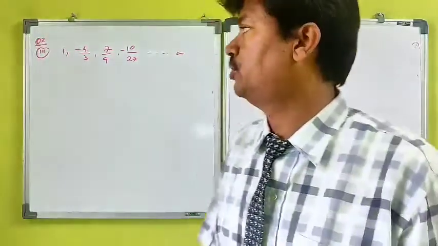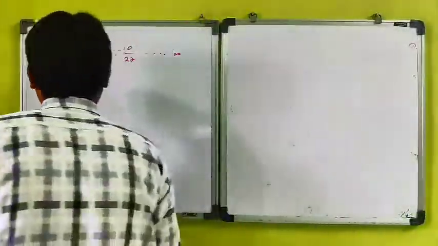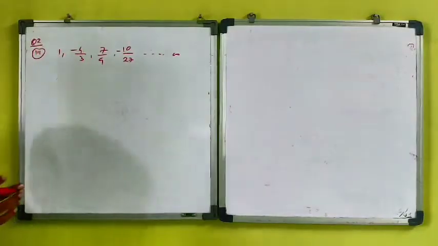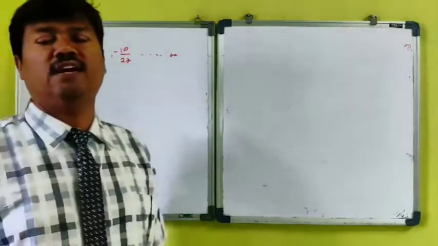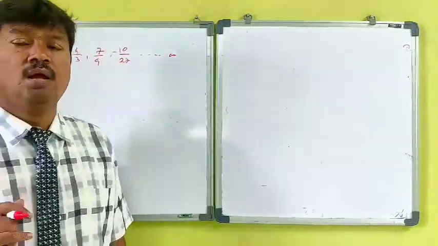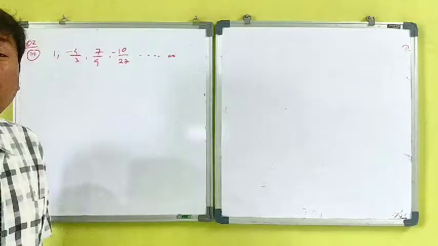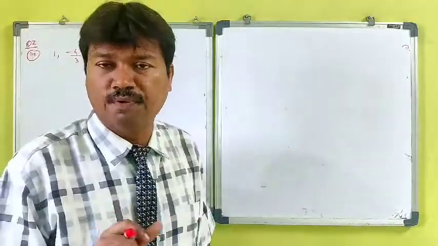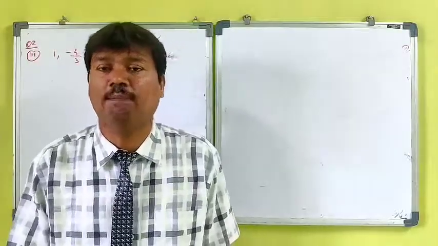Yes, one more question, that is question number 2. Here the question is 1 minus 4 by 3 plus 7 by 9 minus 10 upon 27. What is the sum of the infinite series here? If you observe this, there is an alternate plus and minus. So whenever there is an alternate plus minus in a GP, you have to give the plus minus sign to the GP, not the AP.